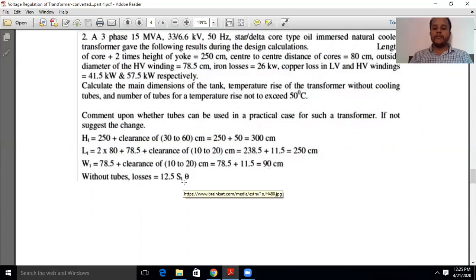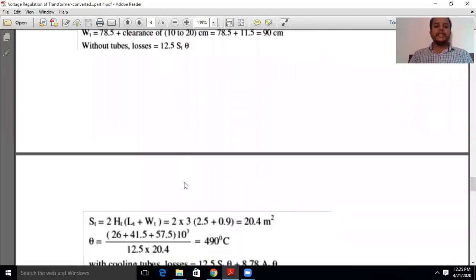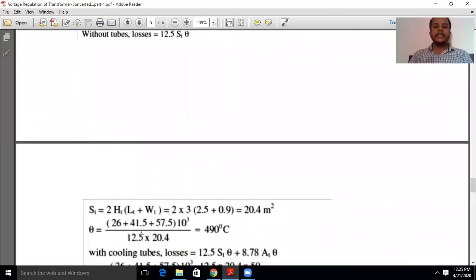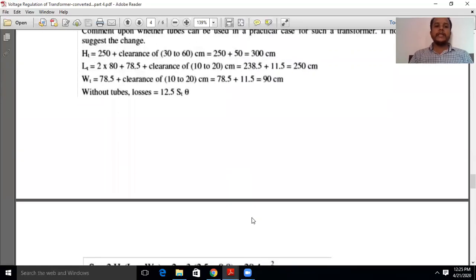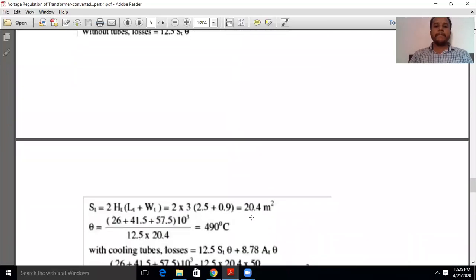This is the formula. Now ST is 2HT into LT plus WT, 2 into 3 into 2.5 plus 0.9, that is equal to 20.4 meter square. So LT and WT is calculated here. Just put these values, you can get ST.